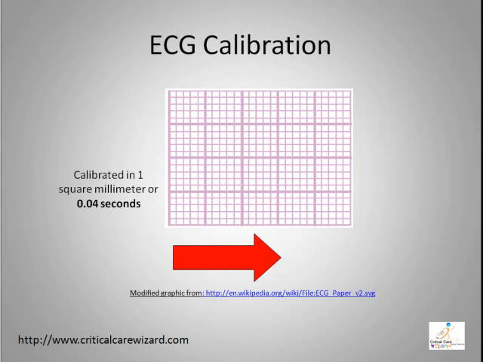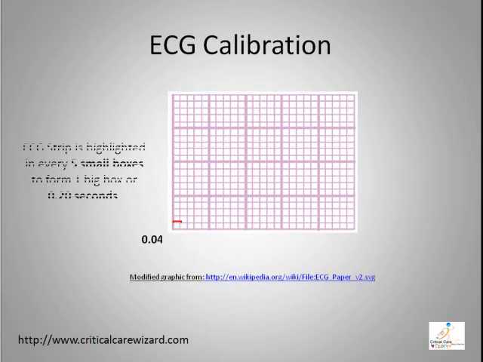Horizontal calibration is measured in seconds. That is, the amount of time the electrical energy traveled from one heart structure to the other. One small box is 0.04 seconds. In every 5 small boxes, the ECG strip is highlighted to form one big box, or 0.20 seconds.